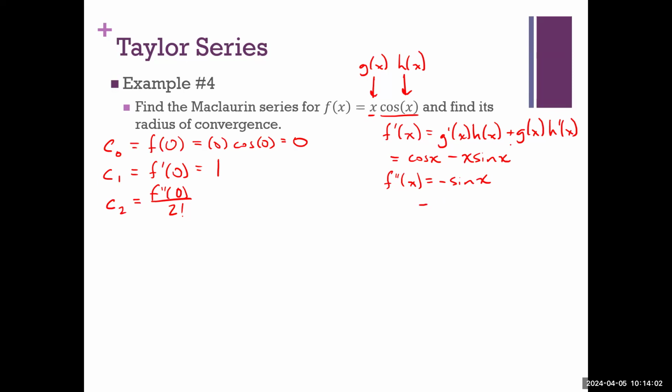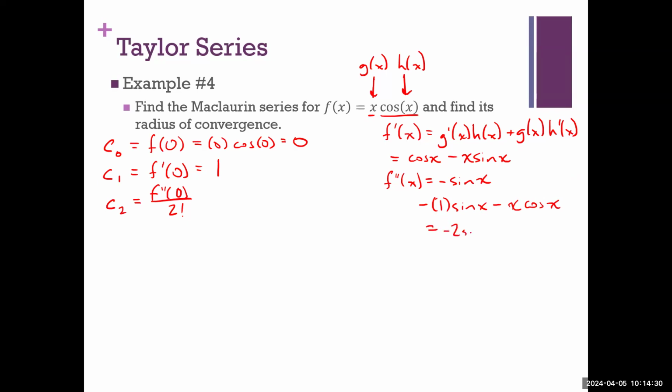So minus, let's just follow the template that we put out here. The derivative of the first term is 1, so times sine of x, minus the first term, which is x, times the derivative of sine of x, which is cosine x. So I got negative sine of x minus sine of x minus x cosine x. I can combine a little bit.